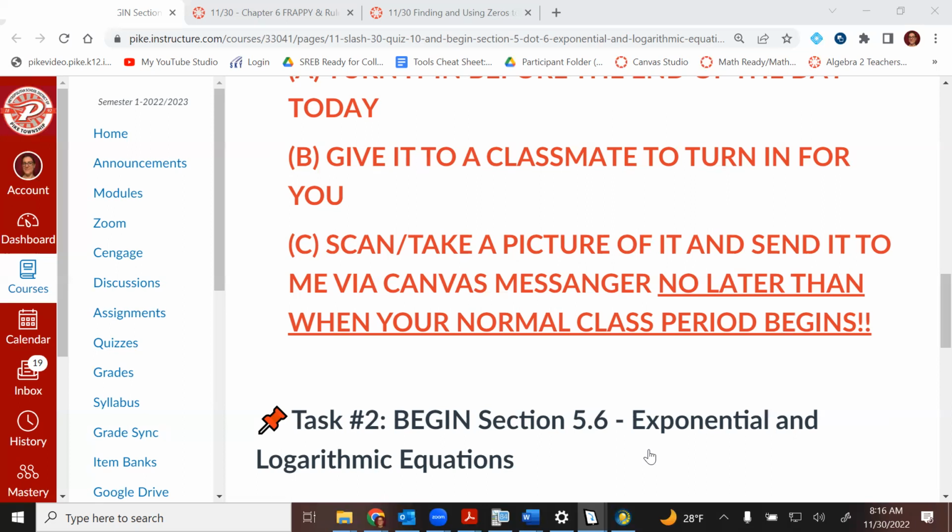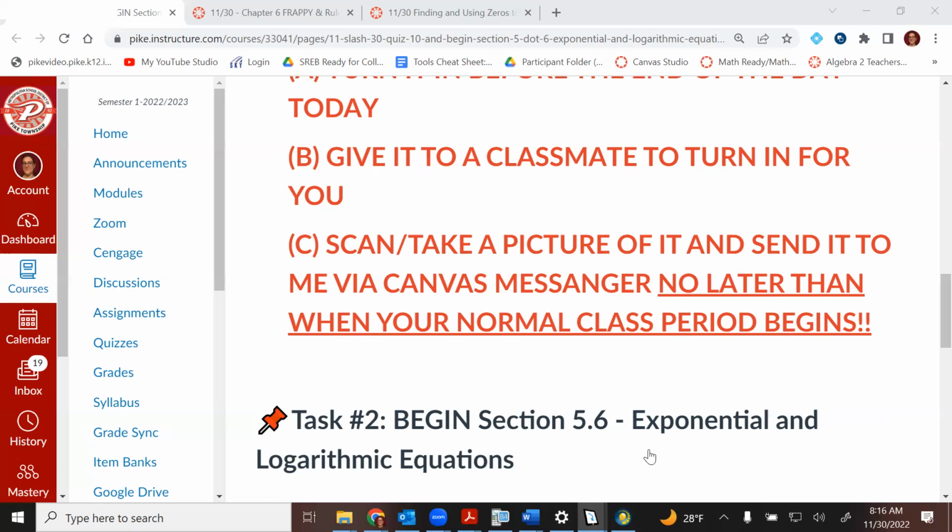Exponential problems. What can I use to help me solve number 1? What idea, what property, what skill, what do you say? We can drop our bases. Why? Same on both sides. So those in effect are going to cancel each other out.